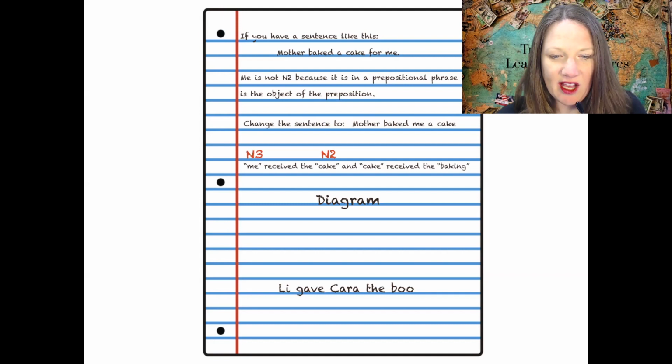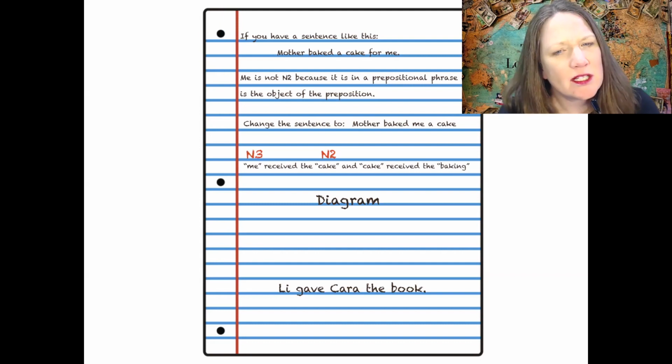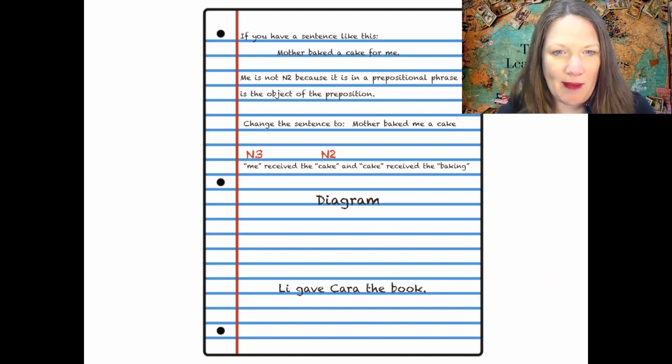Let's diagram. Lee gave Kara the book. Write this down. While you're writing this, I just want to mention that this course is not really teaching you all about diagramming. We're just doing very simple diagramming, because diagramming is a whole other level of grammar.